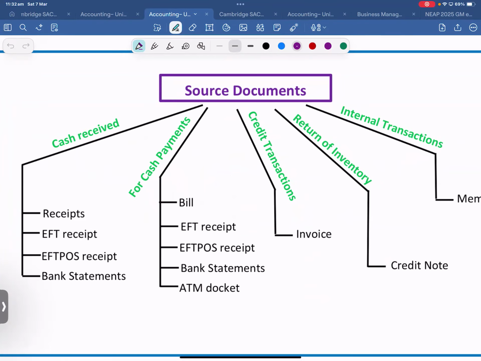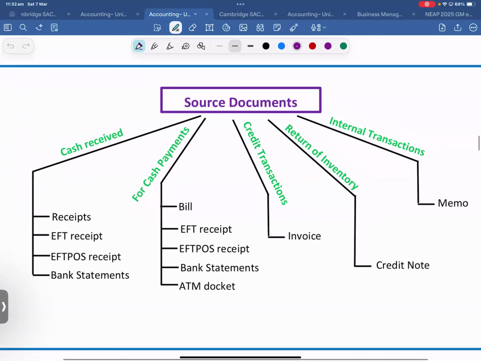Then next one is internal transactions. Internal transactions means inside the business we are carrying out some transactions which we call internal transactions.